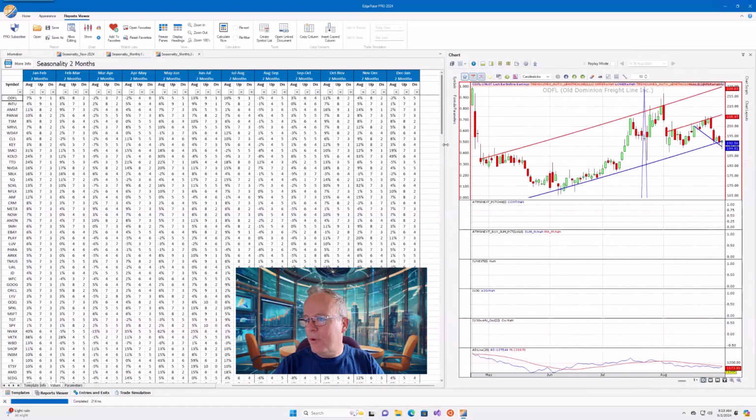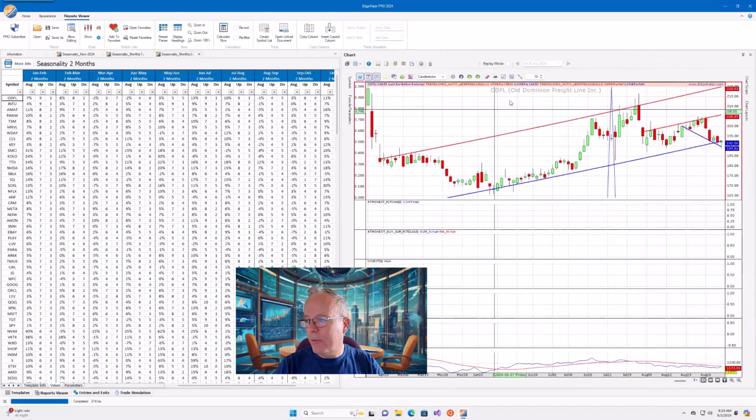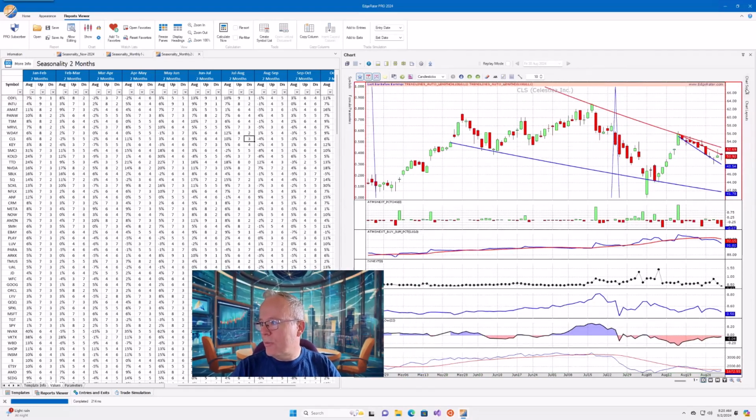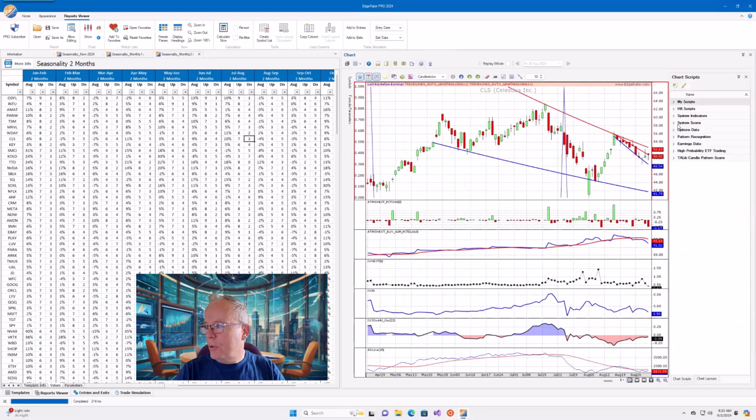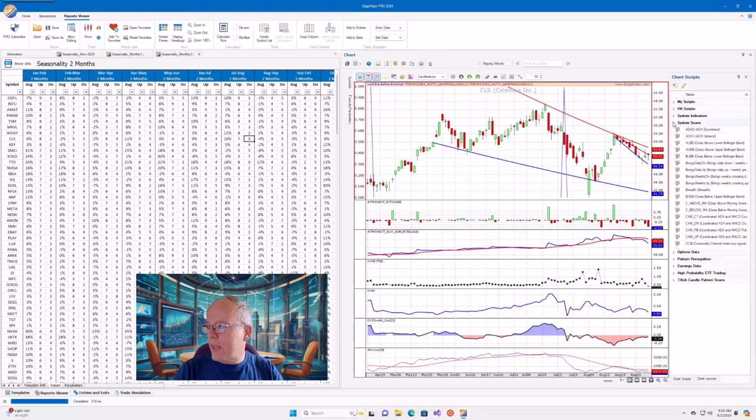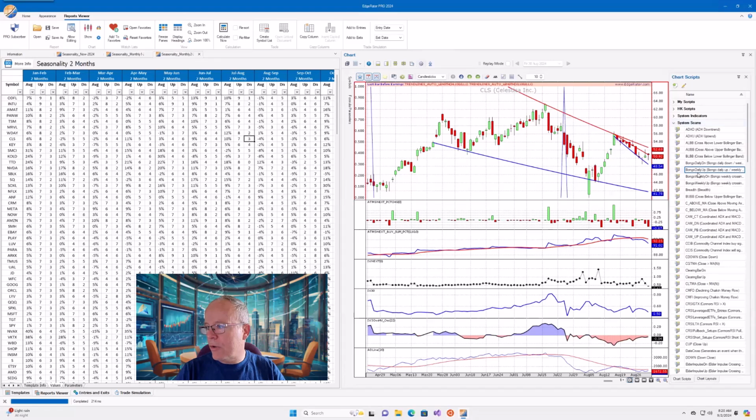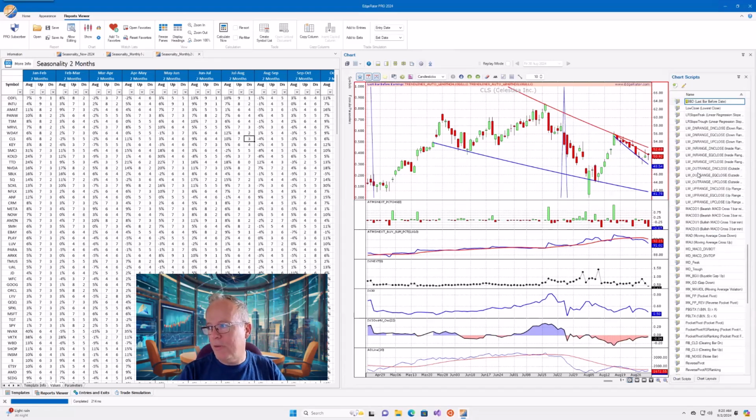So let me give you an example of what I'm talking about here. If I go to my chart scripts, you'll find under system scans a new script called LBBD, last bar before date.